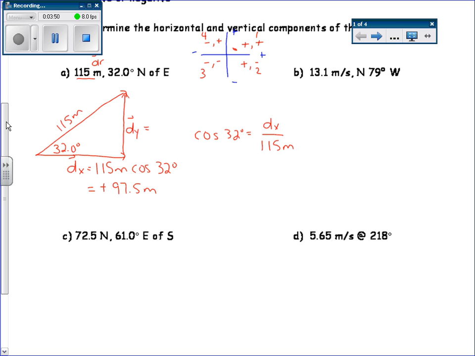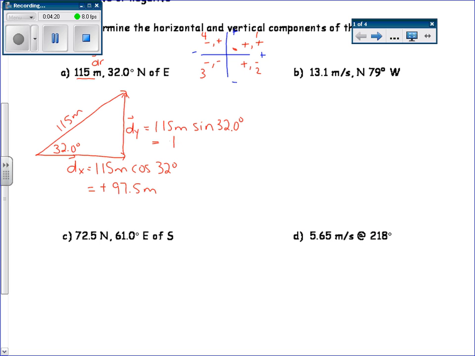So then if we have sine of 32 degrees, that's going to be equal to dy over the hypotenuse, because sine is opposite over hypotenuse. What I'm showing you is you don't have to show this step here. You can just go right to doing the resultant, which is the 115 meters times the appropriate trig ratio, sine 32.0 degrees.